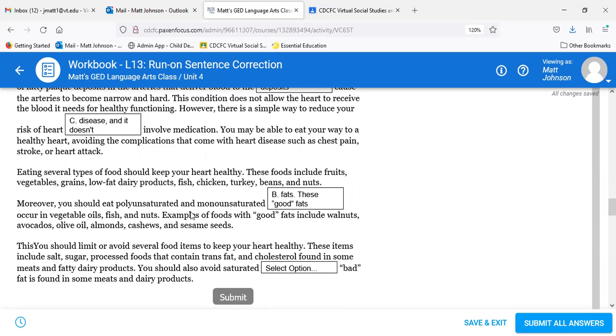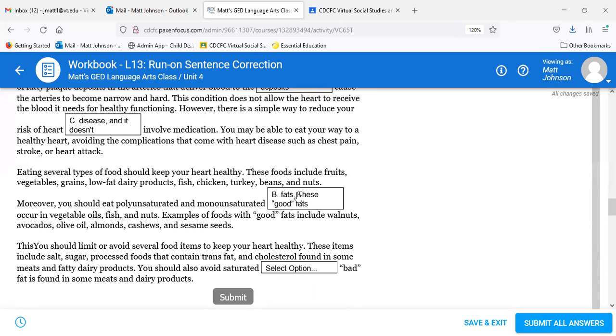You could make that into one sentence by adding comma, and these occur in vegetable oils, fish, and nuts. But what we're doing here is making two sentences. Moreover, you should eat polyunsaturated and monounsaturated fats, period. These good fats occur in vegetable oils, fish, and nuts.